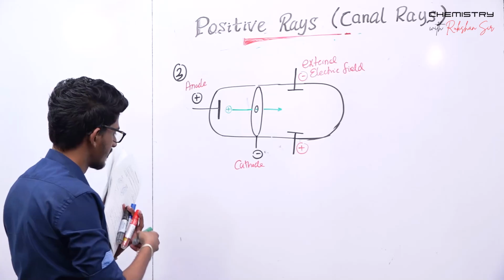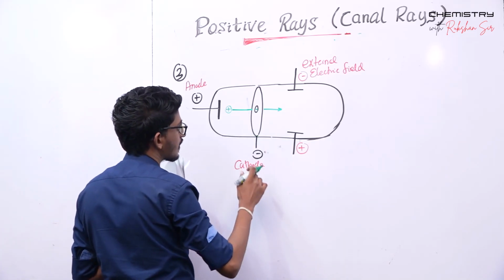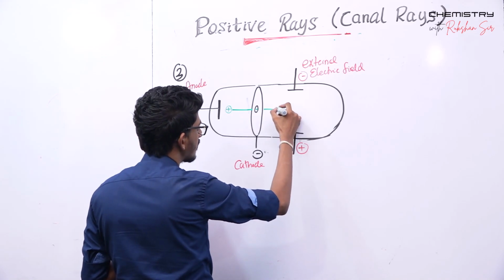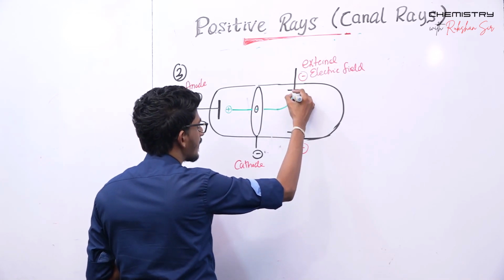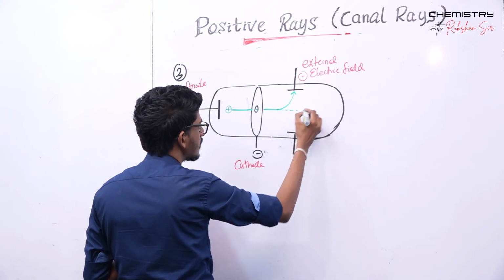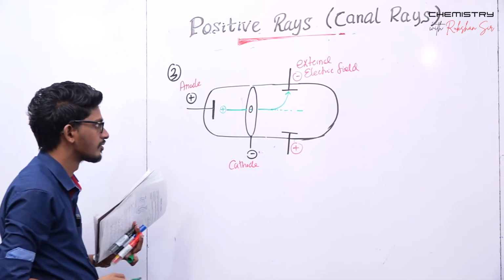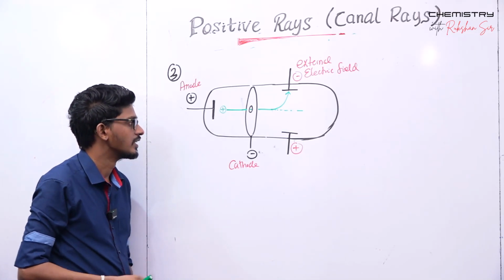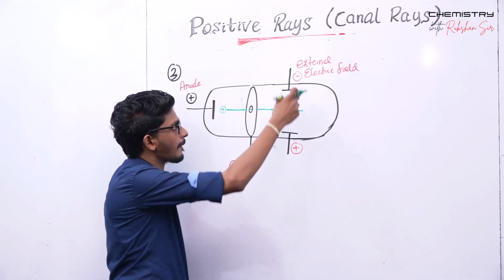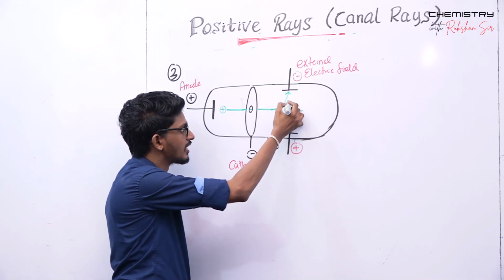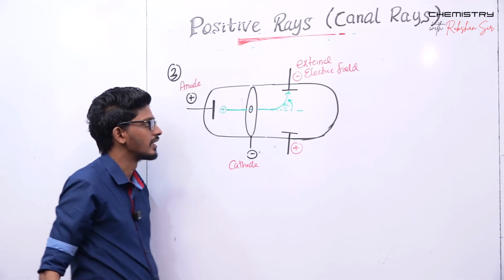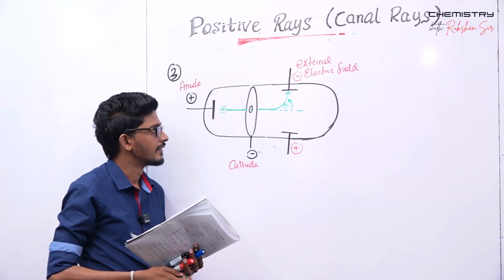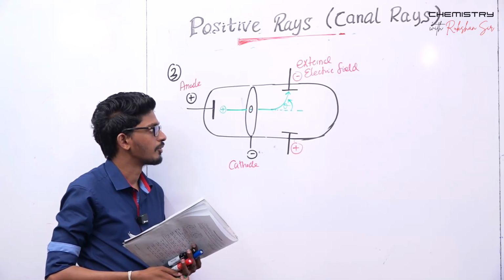What will happen? These positive rays will deviate towards the negative plate of the external field, the opposite charge plate. So we can prove that these positive rays, or the canal rays, are positively charged.